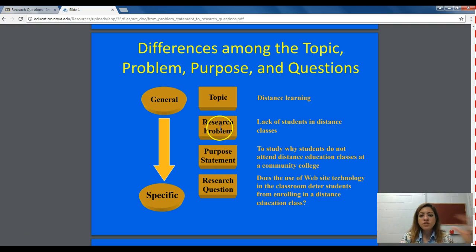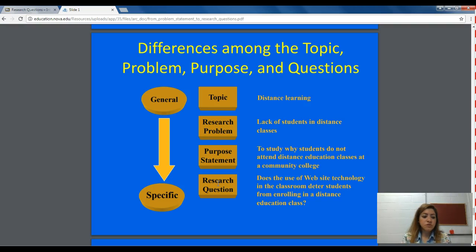You research the problem through literature and through readings, which brings you closer to your problem statement, gives you an idea of why and who and where you are researching this problem, and you're going to write this, and this will help you shape your specific, narrowed research questions.